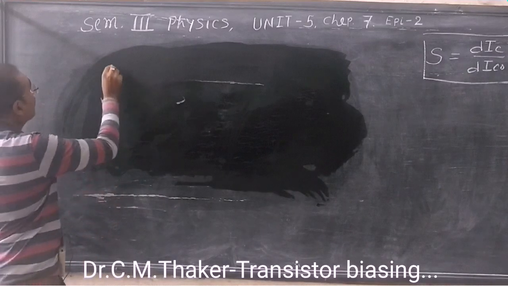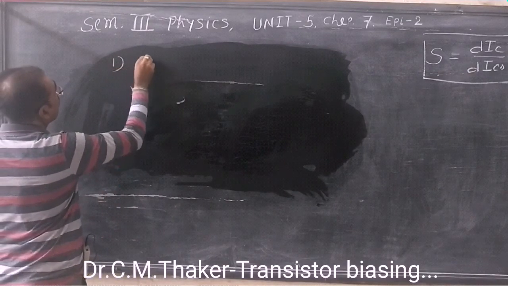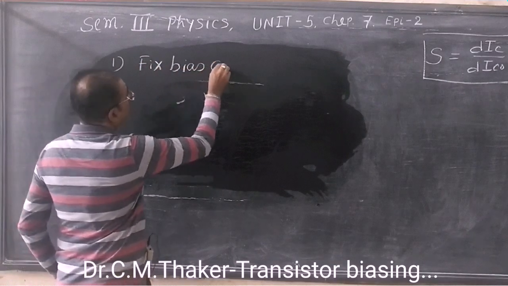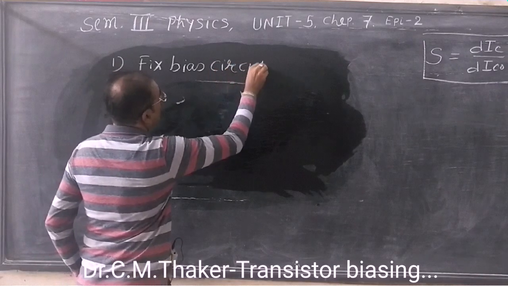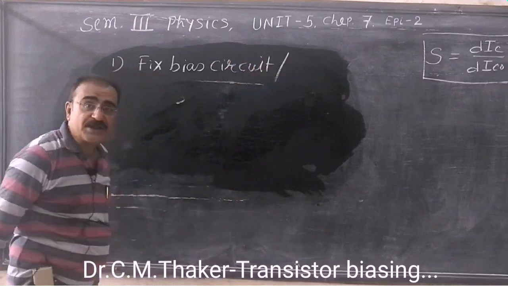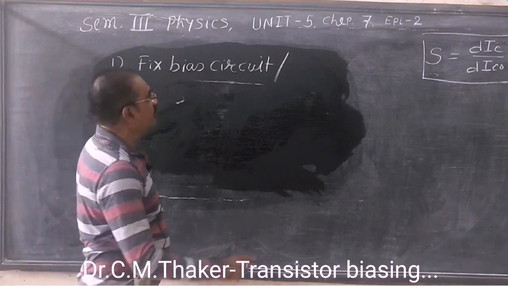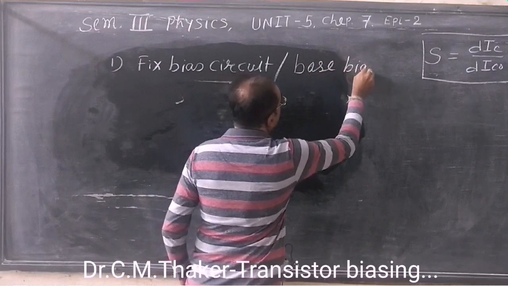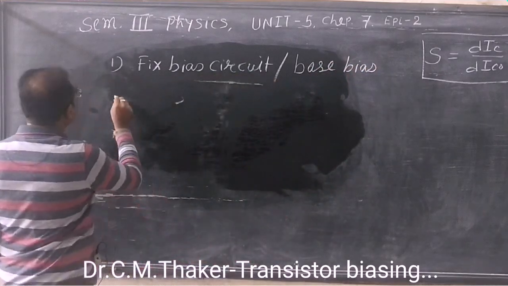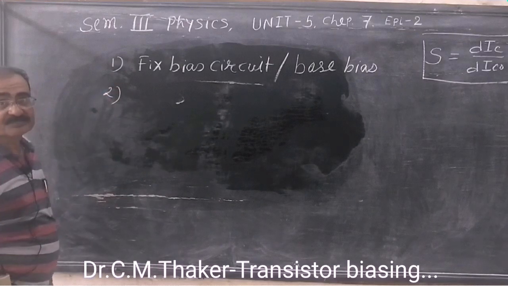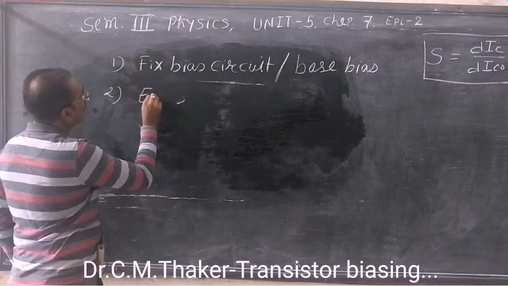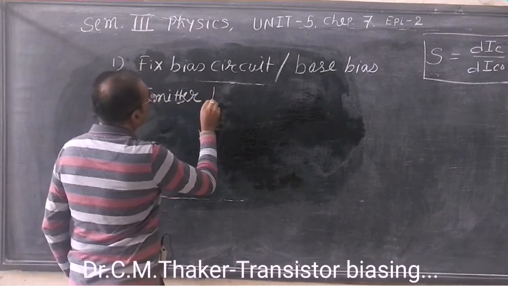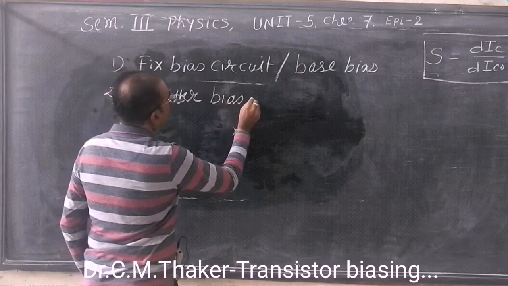One, fixed bias circuit, or you can say base bias circuit. Second, emitter bias circuit.